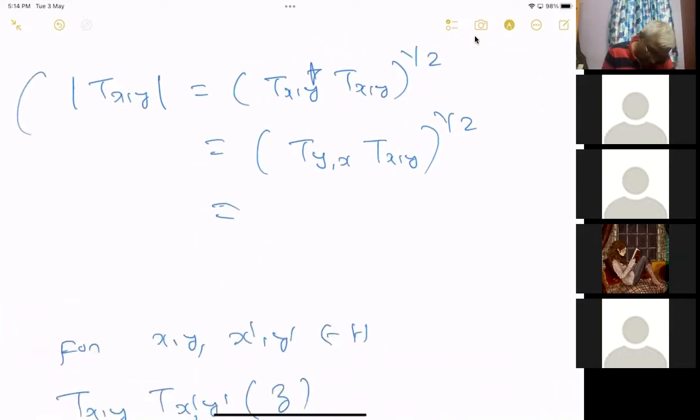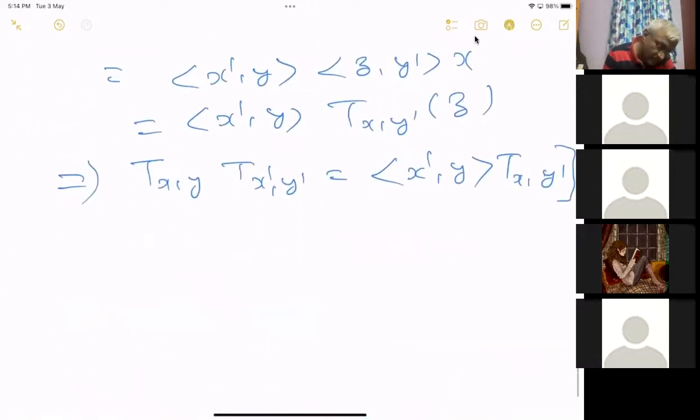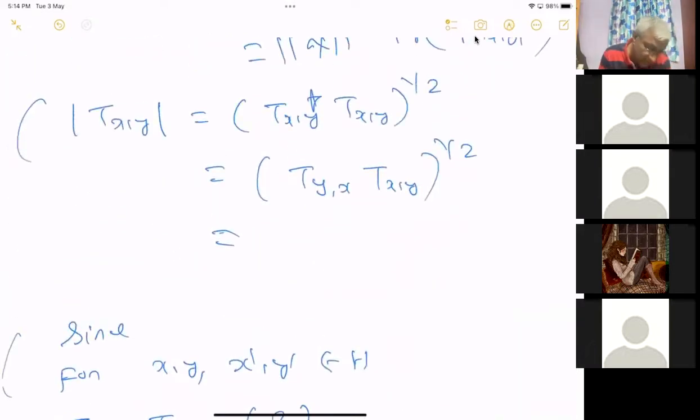So the justification comes below. The middle thing will become an inner product, so that becomes the inner product of x with x, which is norm x squared, and the square root of that is norm x.